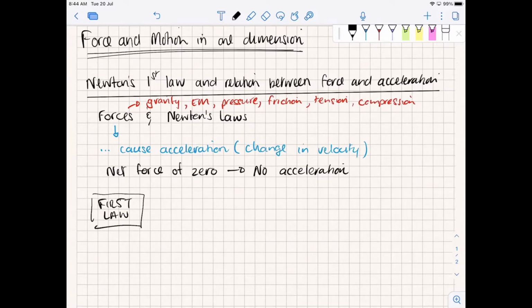So if we have 0 net force, this results in constant velocity.